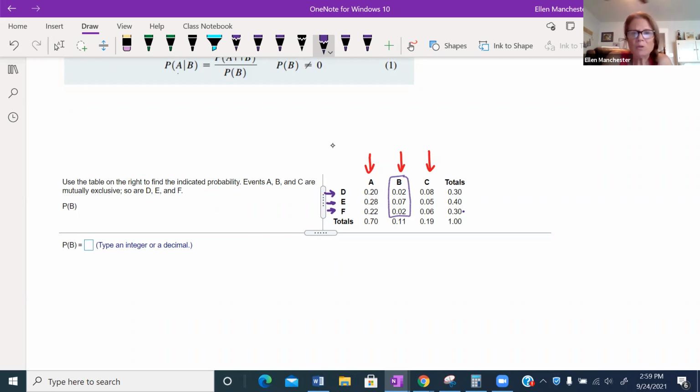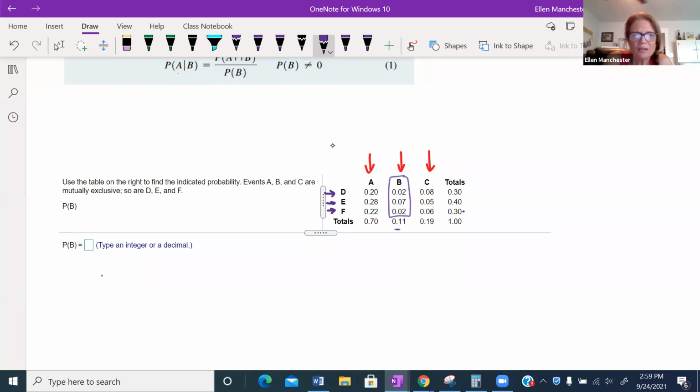So to find the probability of B, anything that is included in B has to be included in our probability. Because these are all mutually exclusive, we're just going to add all of these up. Well, the addition's already been done for you.